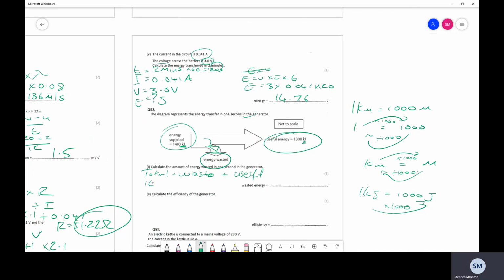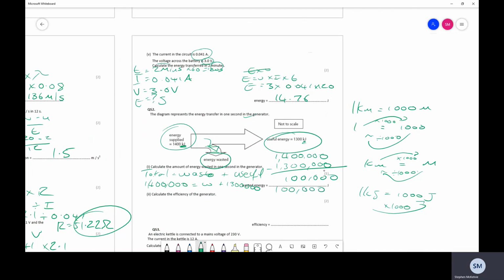So 1,400,000 is equal to the waste plus 1,300,000. 1.4 million, and I take away 1.3 million, giving me a tiny 100,000 joules, and there's my answer.